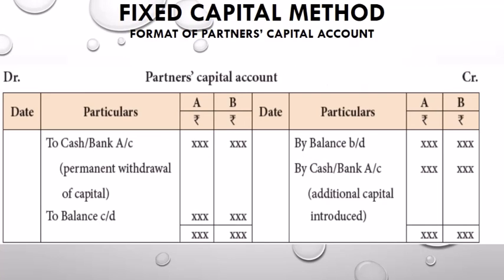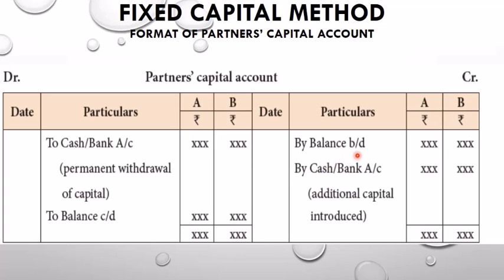Before working out the problem, let us see the format of partners' capital account under the fixed capital method and also the format of partners' current account, which will help us to work out the problem in an efficient manner. Format of partners' capital account.